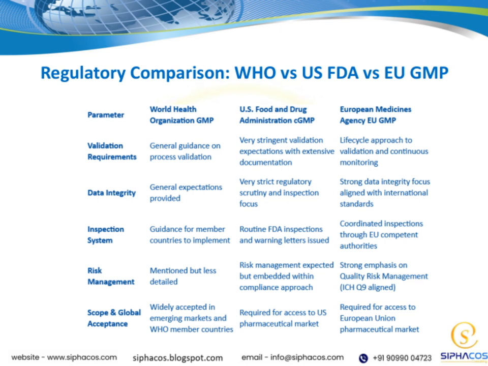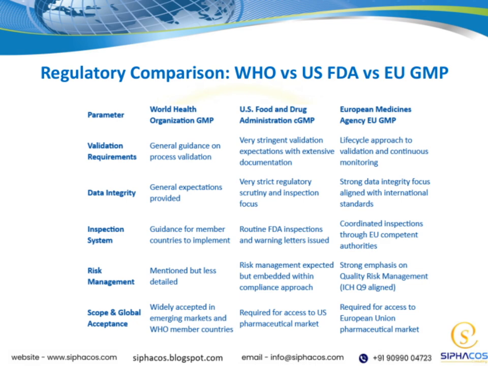The US FDA, on the other hand, is known for its rigorous standards and strict enforcement, often setting the tone for global industry practices. Meanwhile, the EU GMP guidelines are comprehensive and emphasize a harmonized approach across member states, promoting consistency and high-quality manufacturing practices throughout Europe.